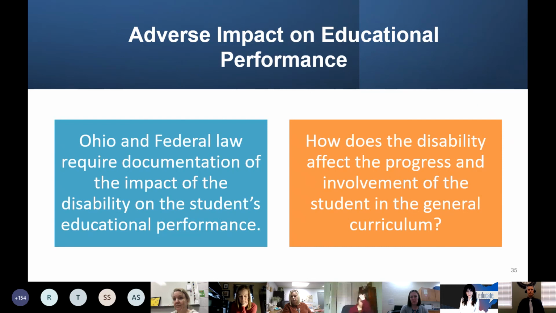And again, there's our adverse impact on educational performance. If it seems like I'm talking about this a lot, here's why. We have found in our record reviews of evaluation team reports that very often that piece is missing in the evaluation team report. And I see Chuck kind of smiling there.